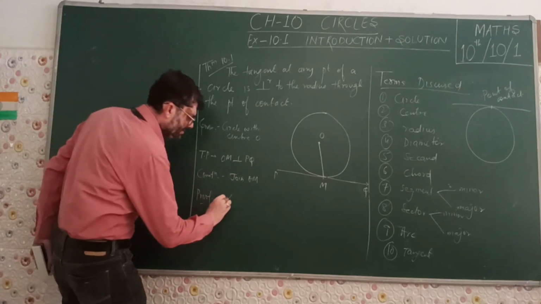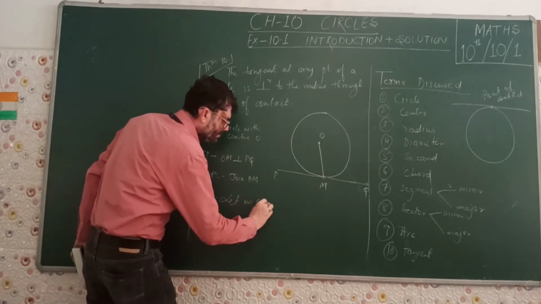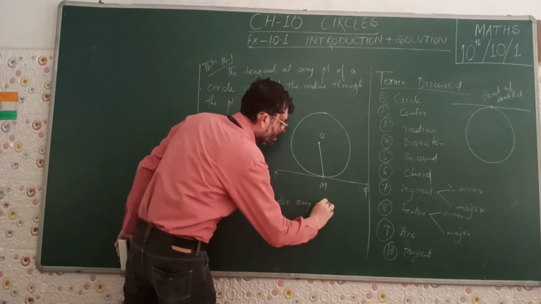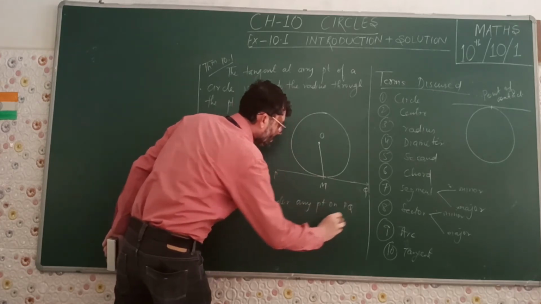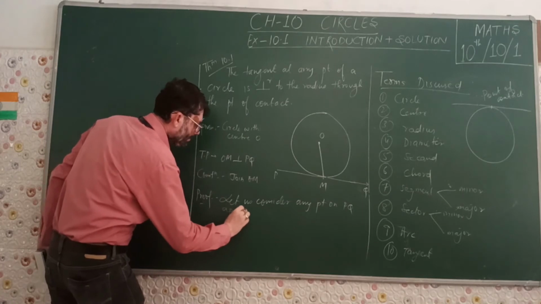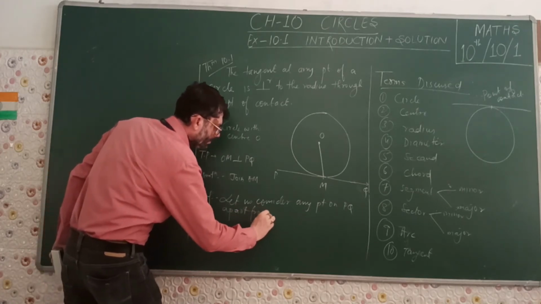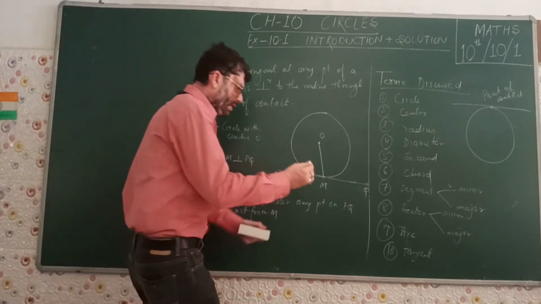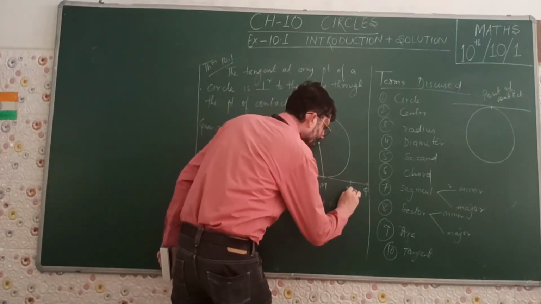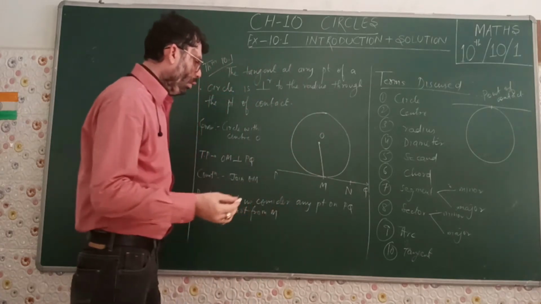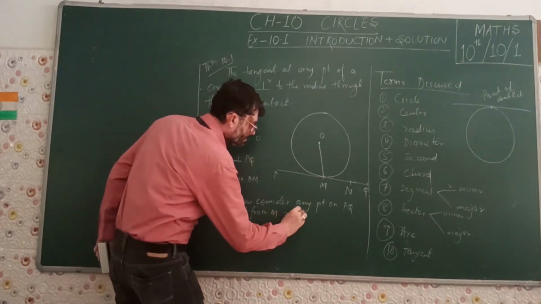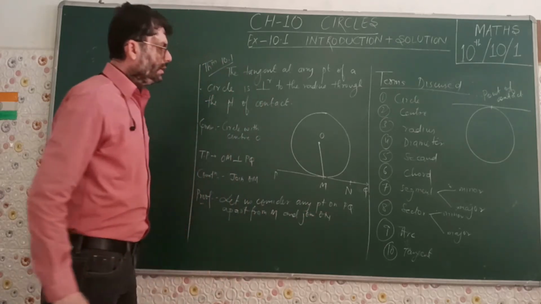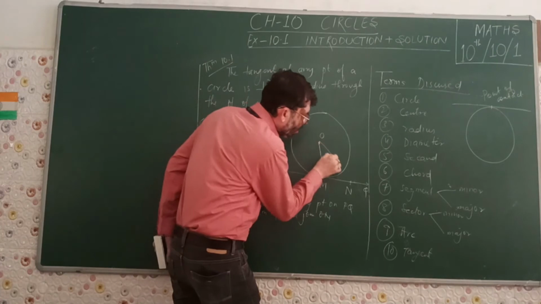Let us consider any point on PQ apart from M. We can take any point on PQ apart from M. Why can't we take, suppose we take the point here as M and join OM. Let us join OM.